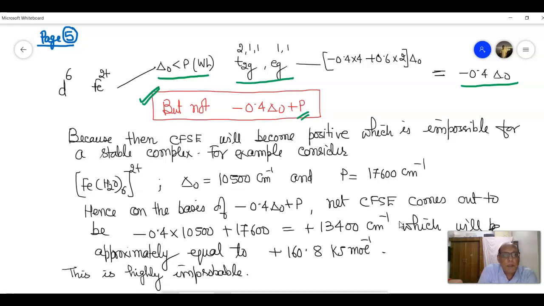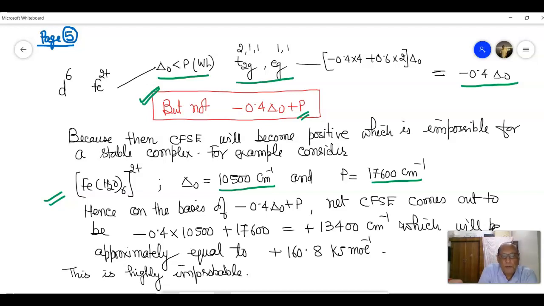For example, consider this hexaaqua iron(II) complex ion, for which data are available. Delta O is 10,500 cm⁻¹. The electron pair energy is 17,600 cm⁻¹.